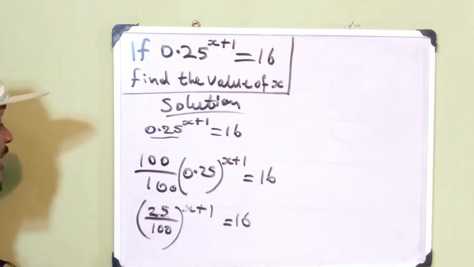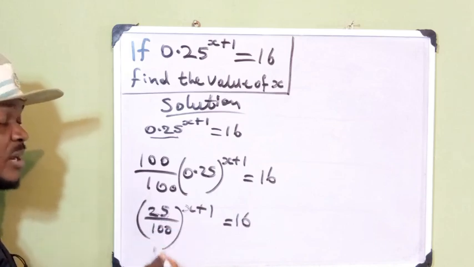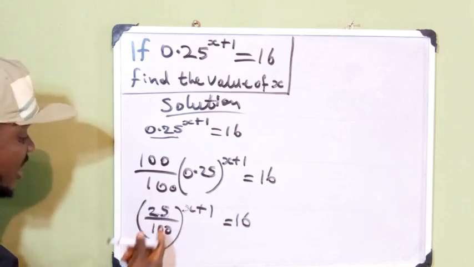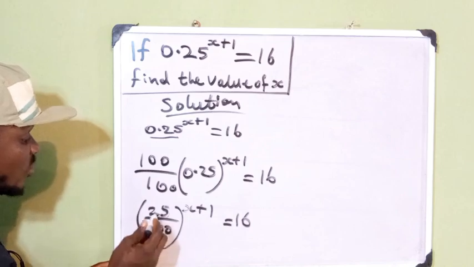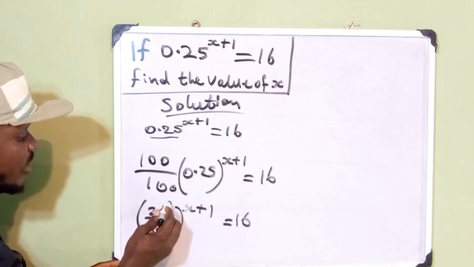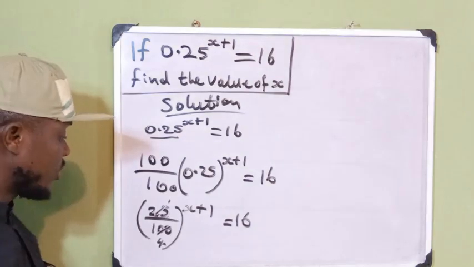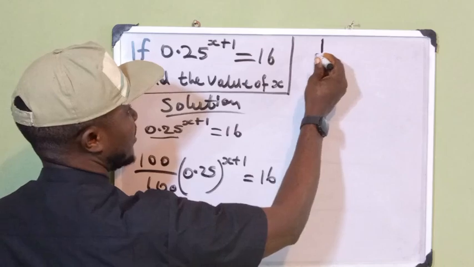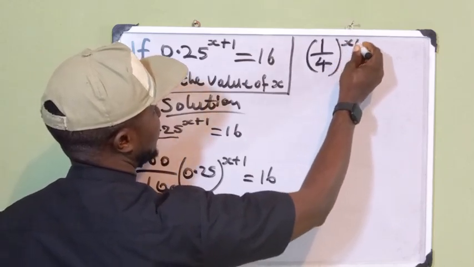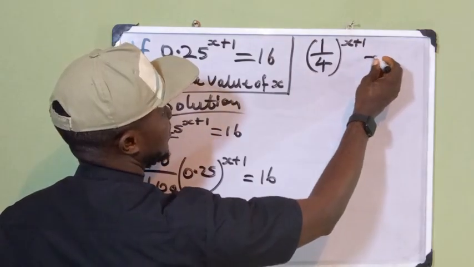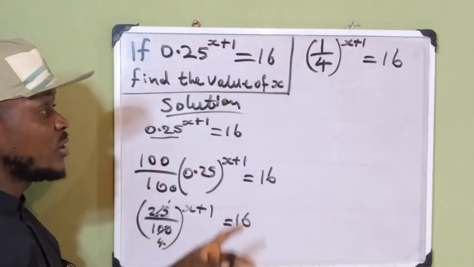Now the next thing we have to do is to divide these numbers to bring them to their lowest terms. 25 can go here and 25 can go here. 25 divided by 25 gives us 1, and 100 divided by 25 gives us 4. So this gives us 1 all over 4, all in bracket raised to the power x plus 1, is equal to 16.